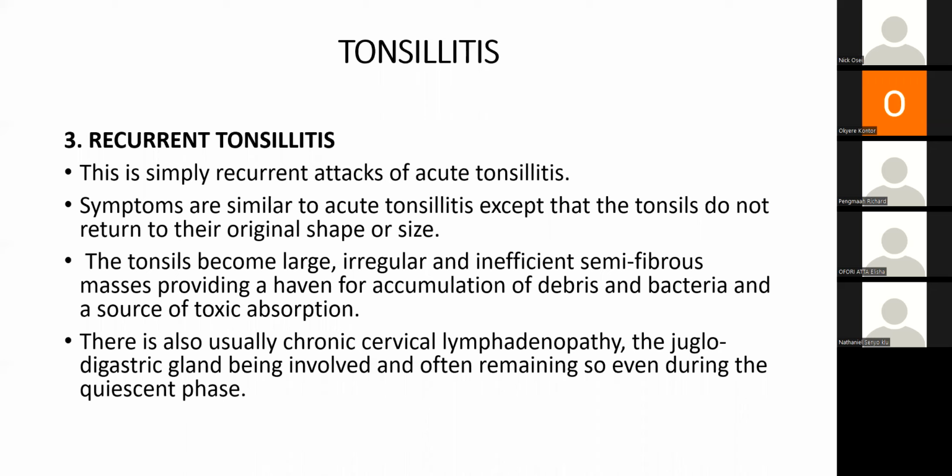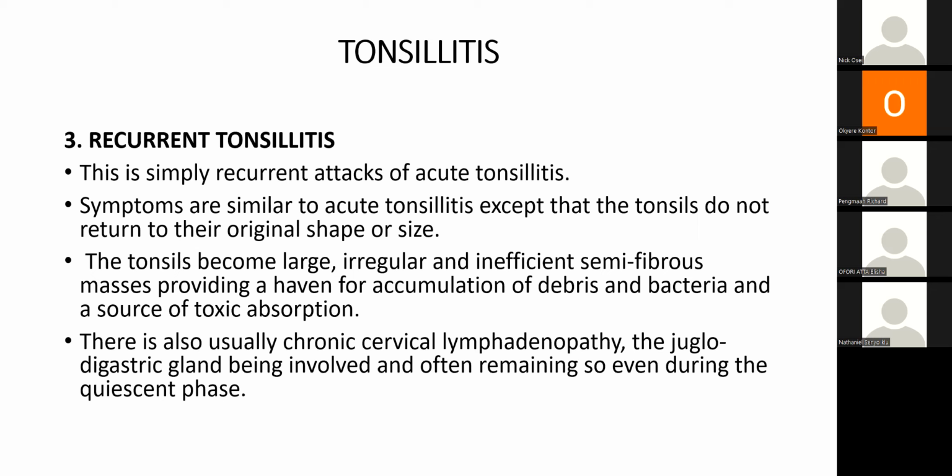So maybe you will see a child coming to your consulting room, you examine the child's throat, and you realize that the tonsils are really big, really bulging. So you want to quickly confirm from the mother whether the child has been having any episode of recurrent attacks of acute tonsillitis. Should that be the case, the diagnosis is no longer acute tonsillitis, but recurrent tonsillitis.